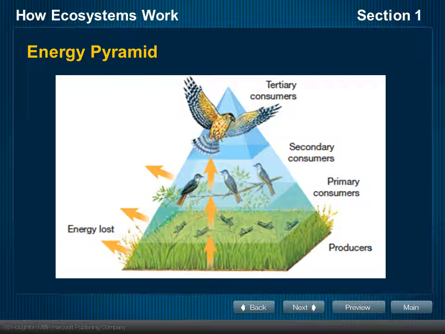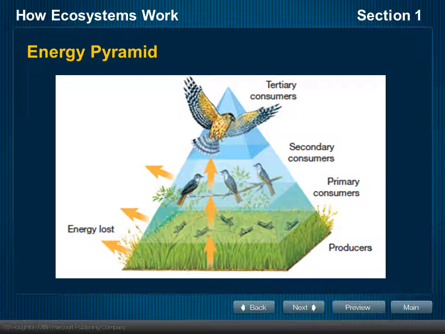There are fewer grasshoppers than grass because there's less energy at that next step up. Then you go up one more and there are songbirds. They eat the grasshoppers, but there are fewer songbirds than grasshoppers, again because there's less energy. And then you go up one more and there are birds of prey, raptors, hawks, and there are fewer hawks than songbirds because there's less energy at that level.